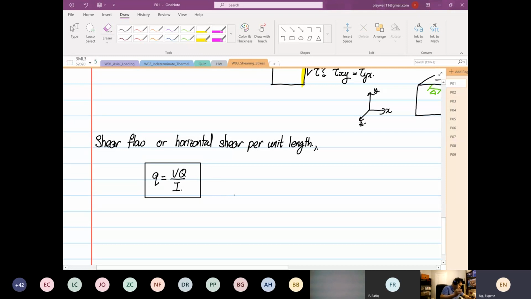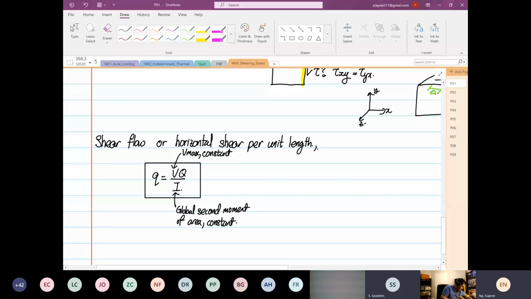And I want you to take this into consideration. V is going to be your V max. It's going to be a constant. I is a global second moment of area, and this will also be equal to a constant.